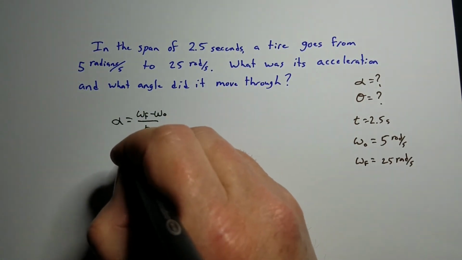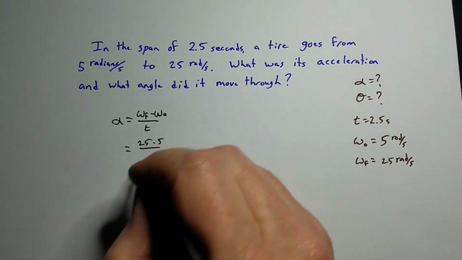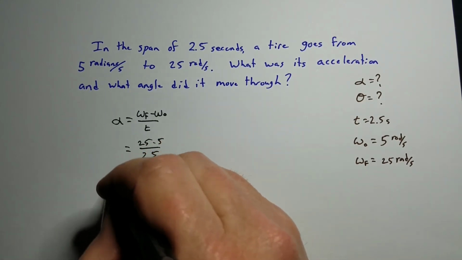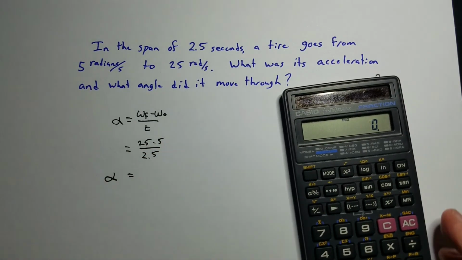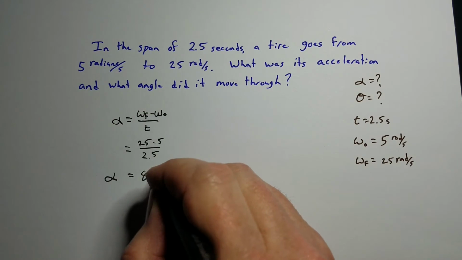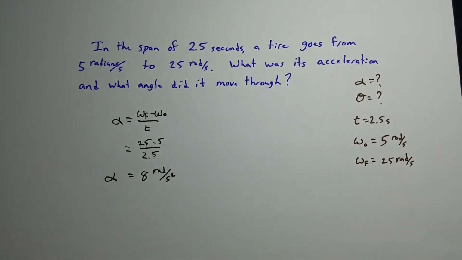So we've got 25 minus 5 over 2.5 seconds. That means 20 divided by 2.5, and we get 8. So the acceleration is 8 radians per second squared.